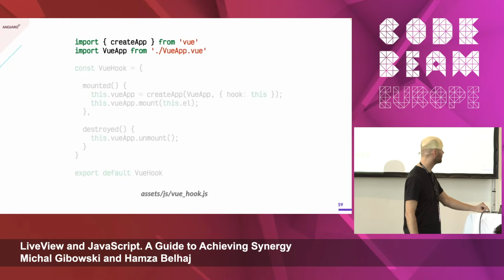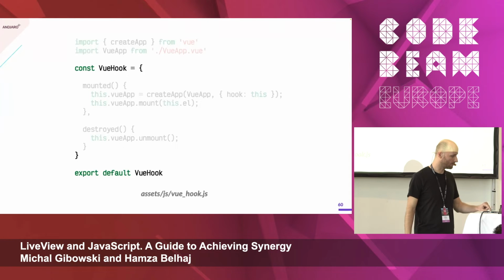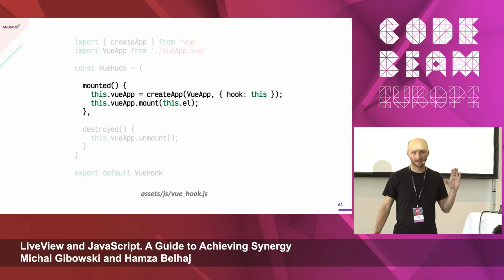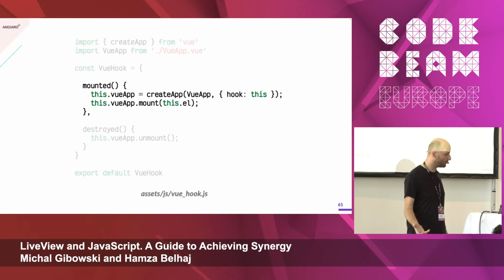First, we import VueJS and our custom VueJS app. We define and export the hook, and we implement the lifecycle callbacks. So when the hook is mounted, we create our VueJS app and mount it on the hosting element.